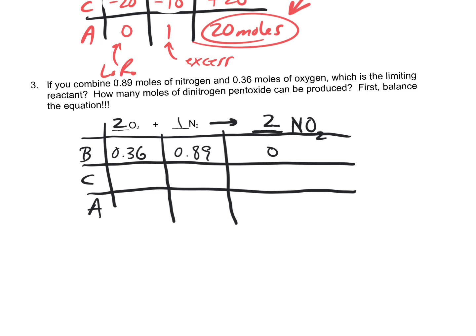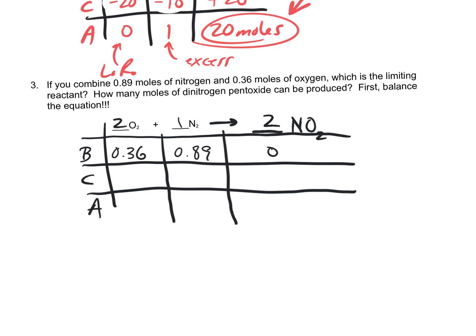And again, since I'm given the amount of both reactants, I've got to decide which of these reactants we're going to run out of first. Okay? So this equation is telling me for every 2 of these, I need 1 of these.